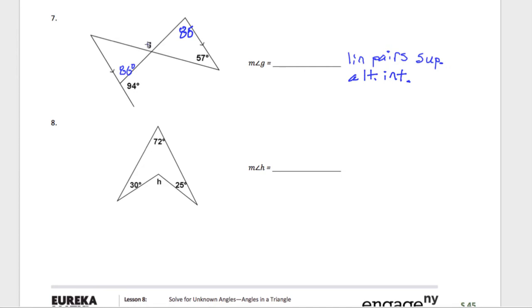And then from there I know that G is equal to 86 plus 57. So 86 plus 57 is going to be 3, carry the 1, that's going to be 14, so 143 degrees. And that was because of the opposite interior. Alright, pause me and do number 8.